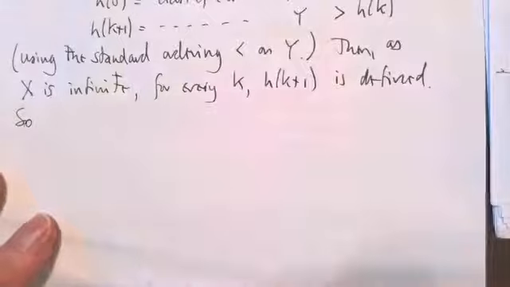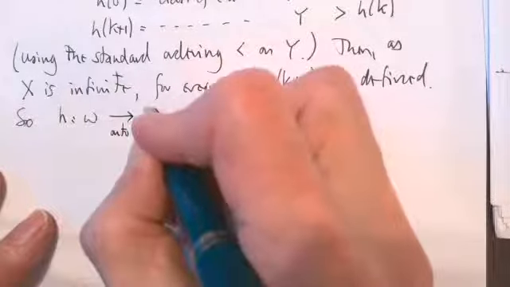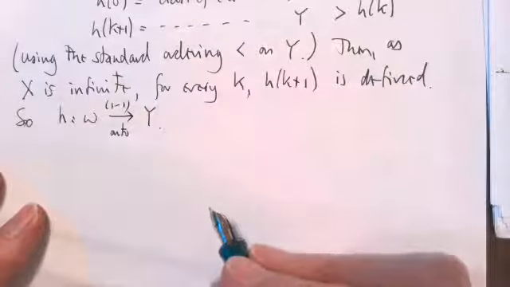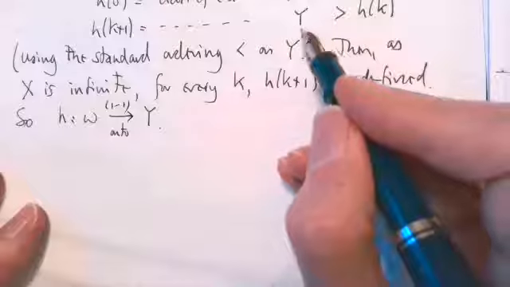So H takes omega onto Y in a one-to-one fashion. So it's a bijection between omega and Y. It's always picking something new.